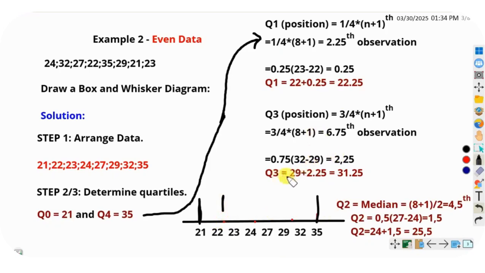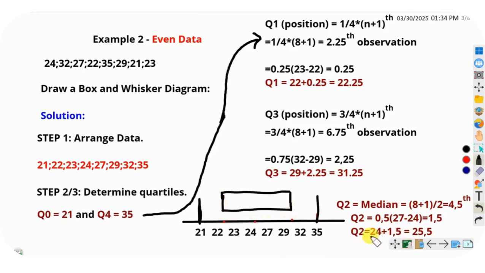And Q3 is 31.25. Let's say 31 is somewhere here, because this is 29, 30, 31, 32. So 31.25 is somewhere there. Okay, so then you draw that into the box.